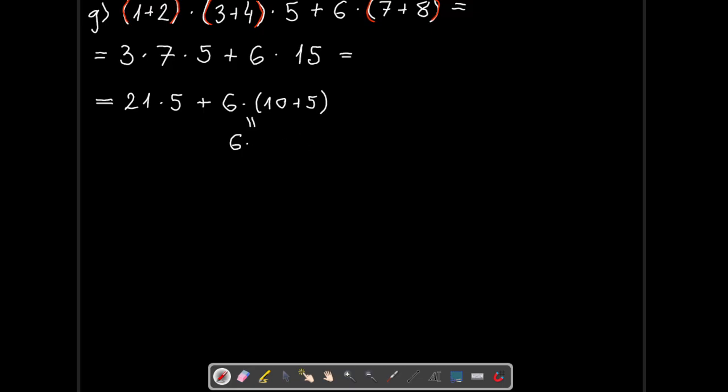Or we can alternatively just column multiply these two numbers, which will give us 90. But let's try to refresh our knowledge by using the distribution here. So 21 times 5. We had to add an extra 0 to 210 and then divide that by 2, since 5 is just 10 divided by 2.